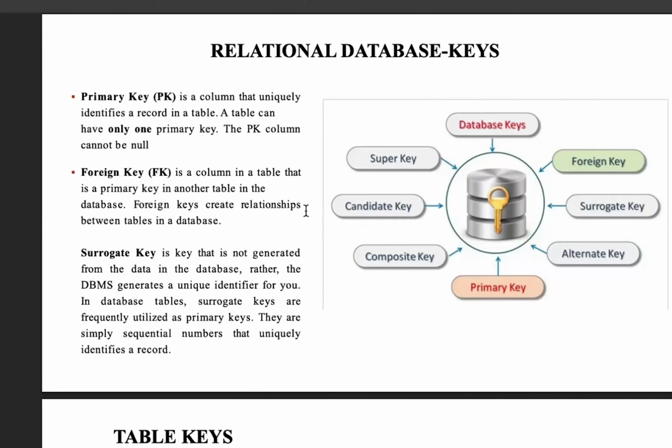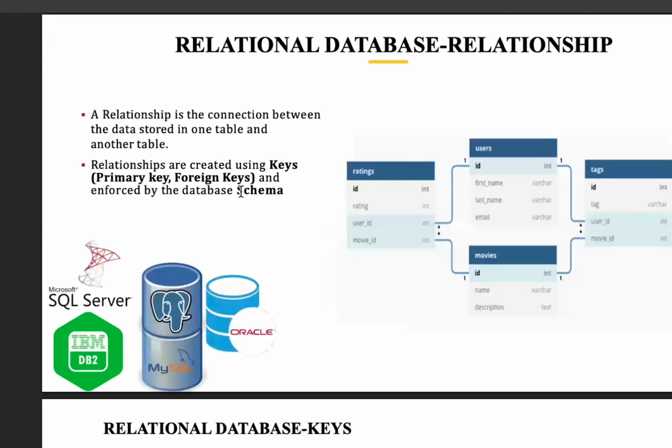Let me take you back here. These IDs here are the primary keys. When we move to the case study, you will understand better. The IDs here are the unique identifiers. So this user ID, for example, is a primary key in the users table.